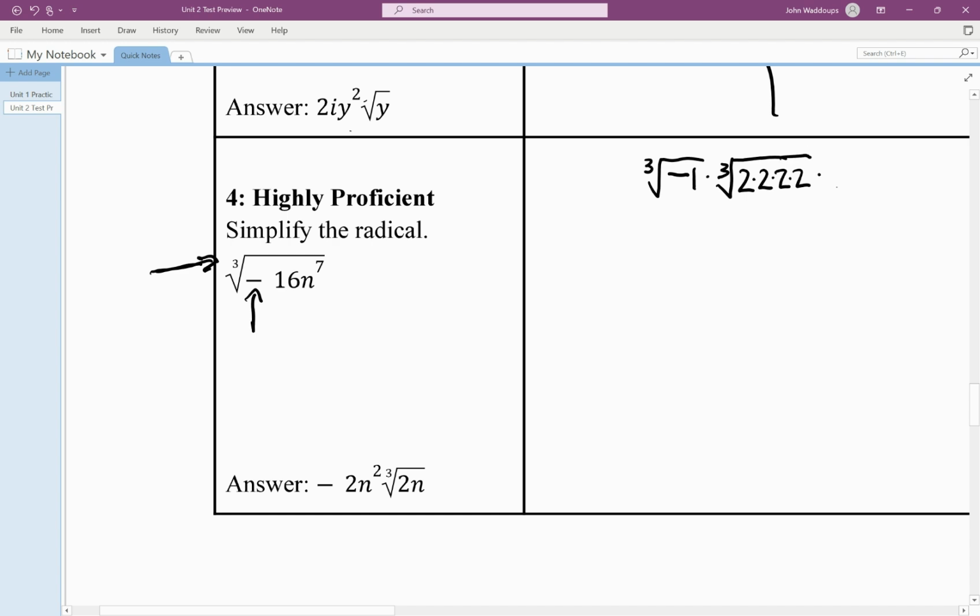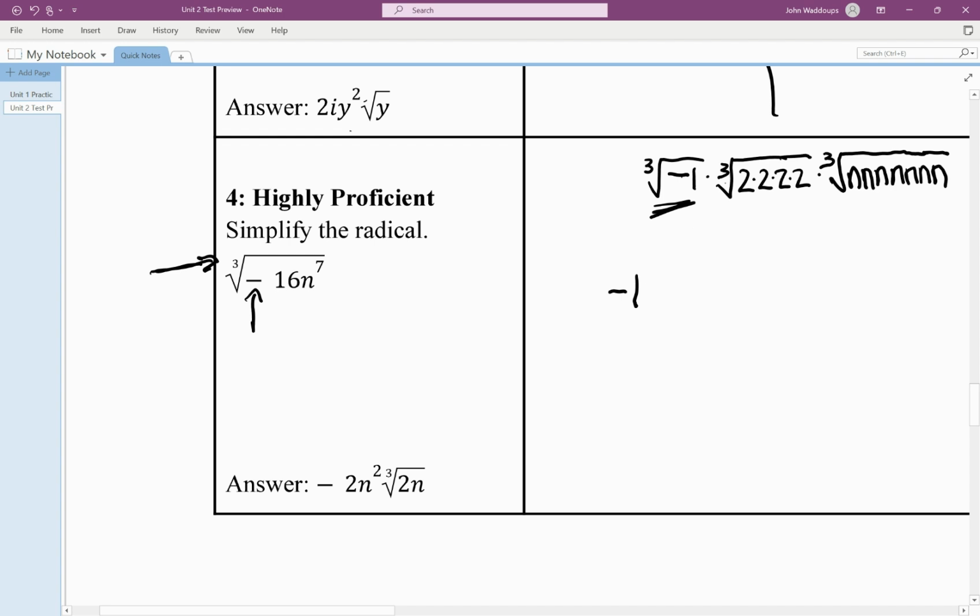And then times the cube root of n multiplied by itself 7 times. So n, 1, 2, 3, 4, 5, 6, 7. Now, first off, I know that the cube root of negative 1 is just still negative 1, because negative 1 times negative 1 times negative 1 is still negative 1.